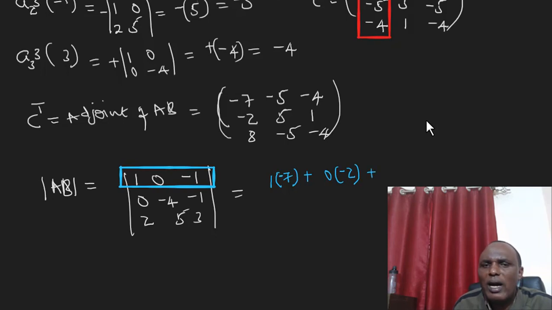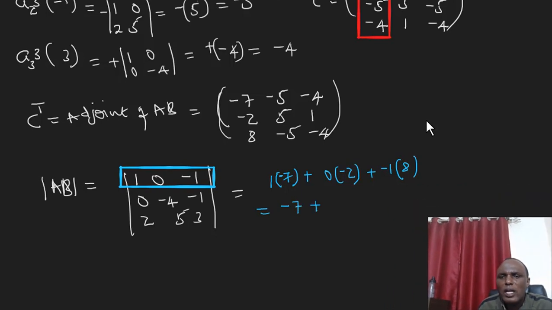So you add the third element, which is negative 1, multiplied by the cofactor 8. When you do that, the sum becomes 7 plus 0 plus negative 8, and the determinant of AB becomes negative 1. So it becomes negative 15, and that is our determinant.